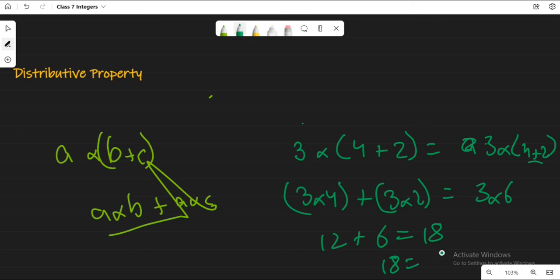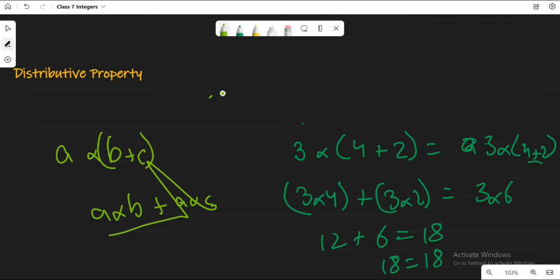So a into (b plus c) can also be written as a into b plus a into c.